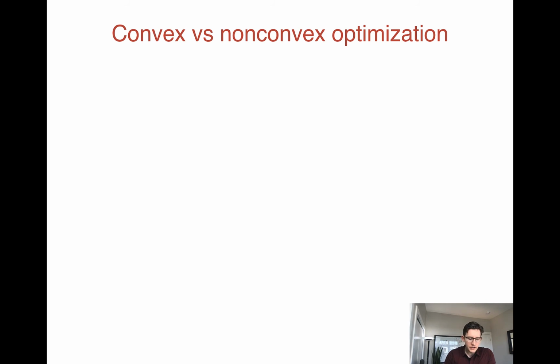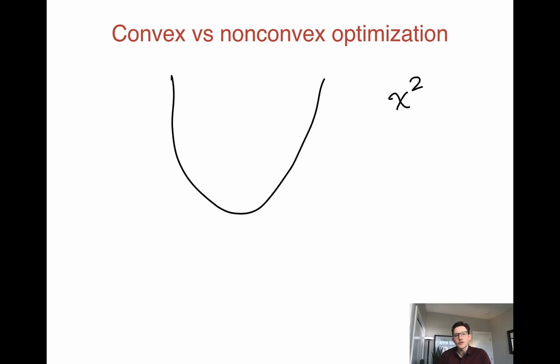Convex functions tend to be cup-shaped, that is, they look like this. For example, the function x squared has a second derivative that is always positive, and therefore it's convex.